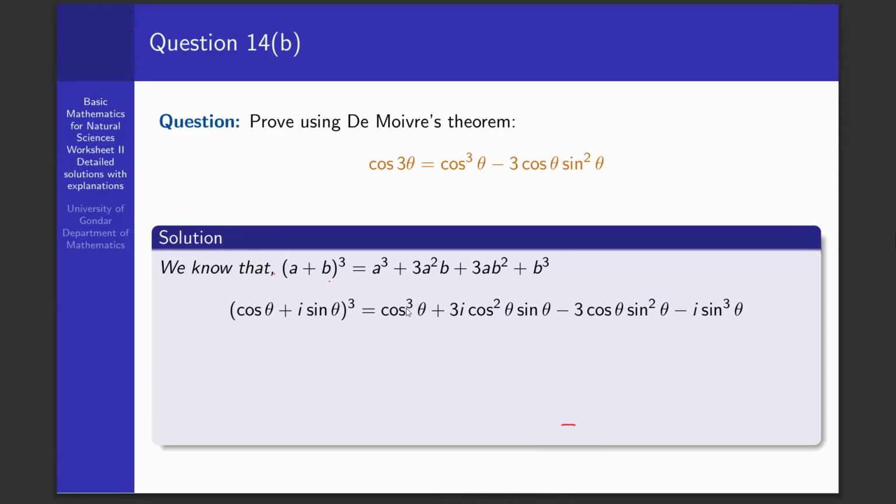Therefore there is cos cubed theta plus 3i cos square theta sine theta minus 3 cos theta sine square theta minus I sine cubed theta.